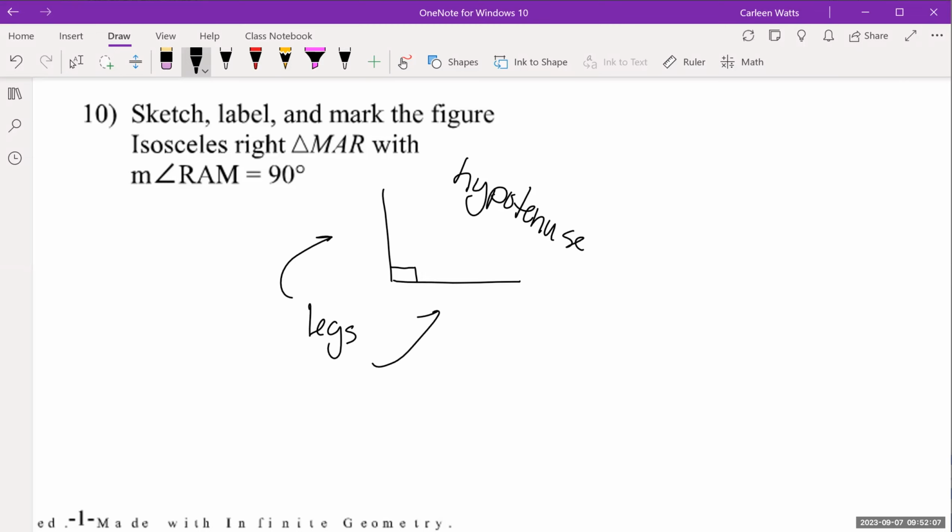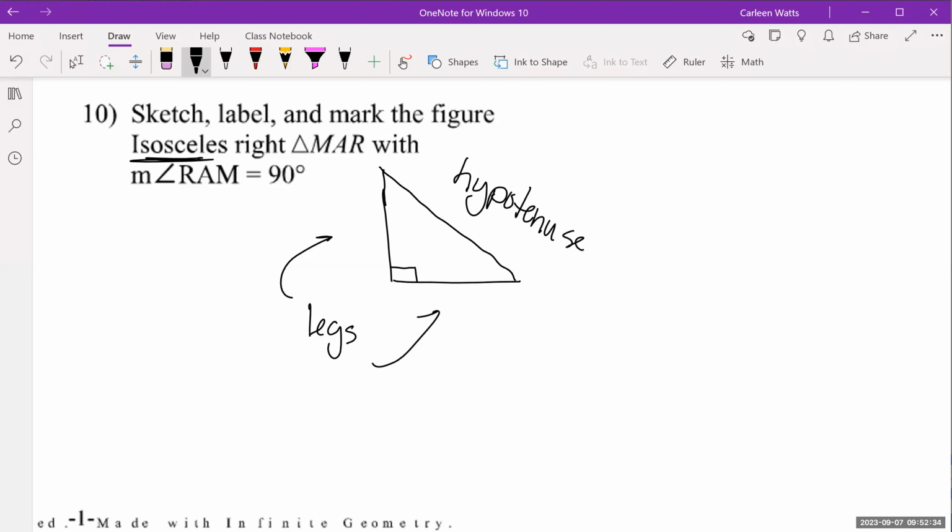So if this is isosceles, it has 2 equal sides. They must be the 2 legs. You cannot have the hypotenuse equal to a leg. The hypotenuse is the side across from the 90, and that must always be the longest side. And we'll talk more about that later.